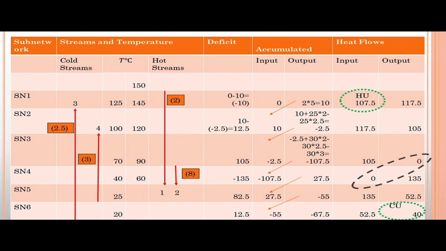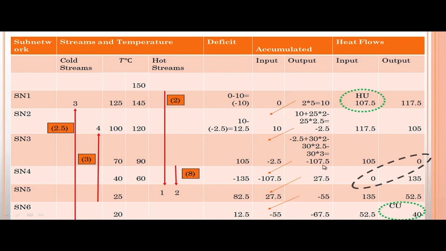But when we are considering heat transfer from the upper subnetwork to the lower subnetwork, we should also not violate the second law of thermodynamics. So, negative output is not allowed. If negative output is not allowed, then our input has to be changed.